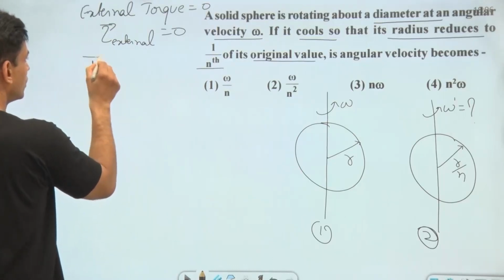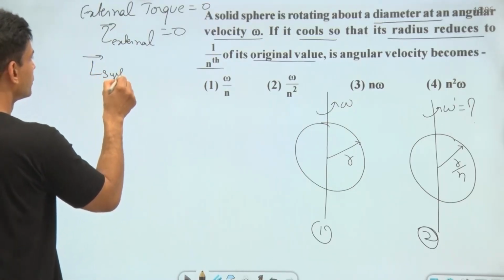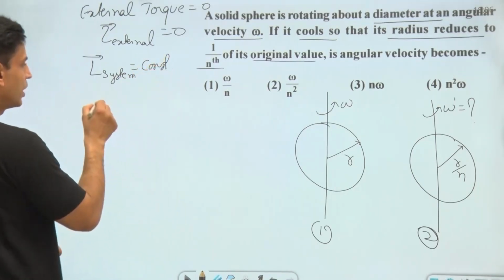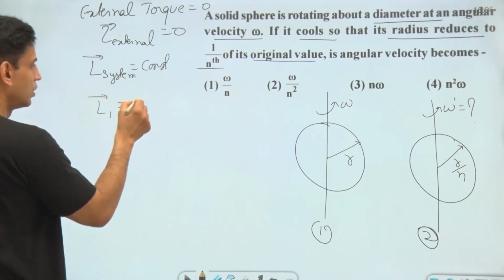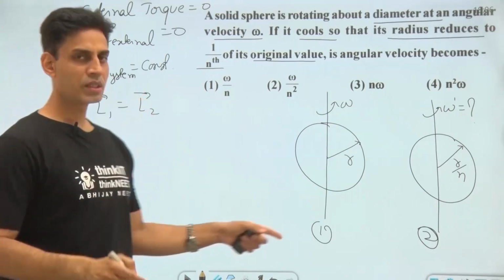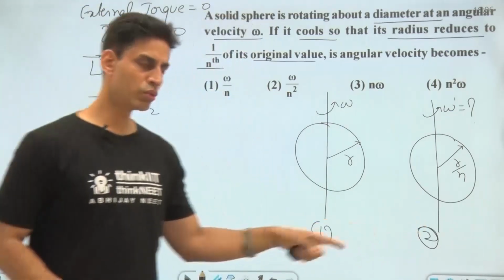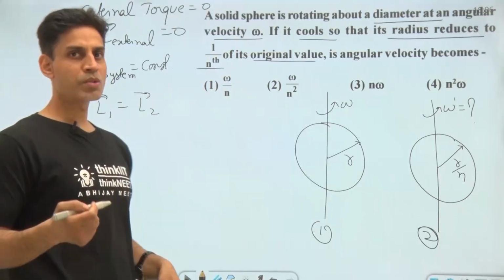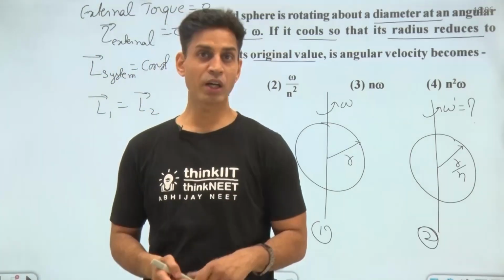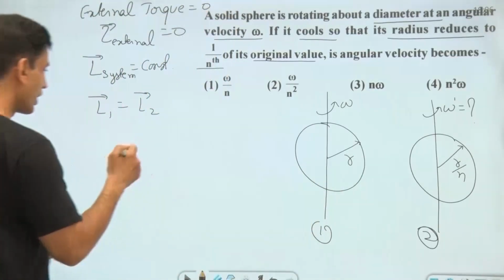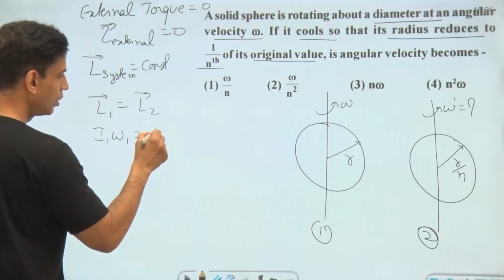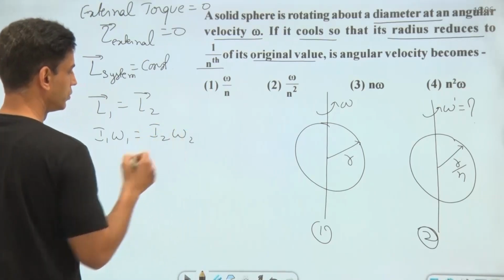So L of system will be constant or conserved, that is L1 should be equal to L2. This corresponds to 1 and this corresponds to 2. Here the bodies are rotating, so we'll write the expression for angular momentum as I omega, not mvr. So I1 omega 1 is equals to I2 omega 2.